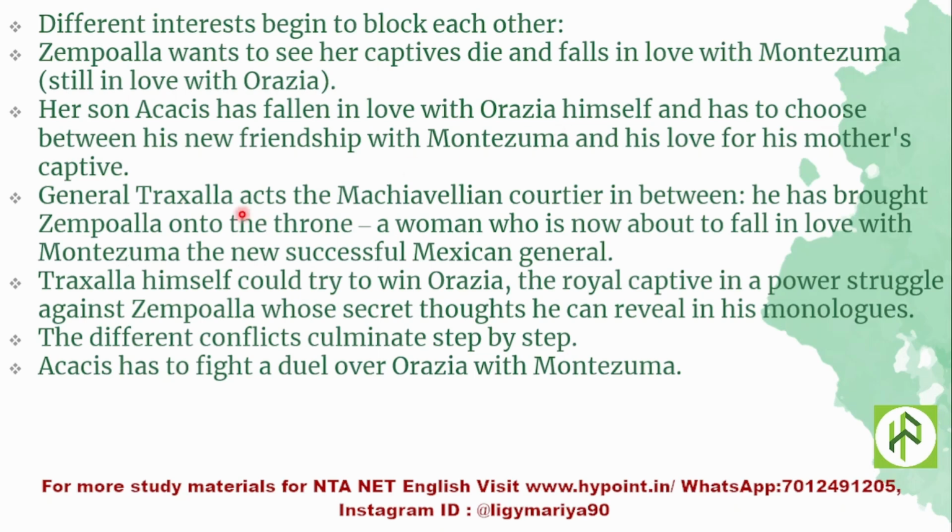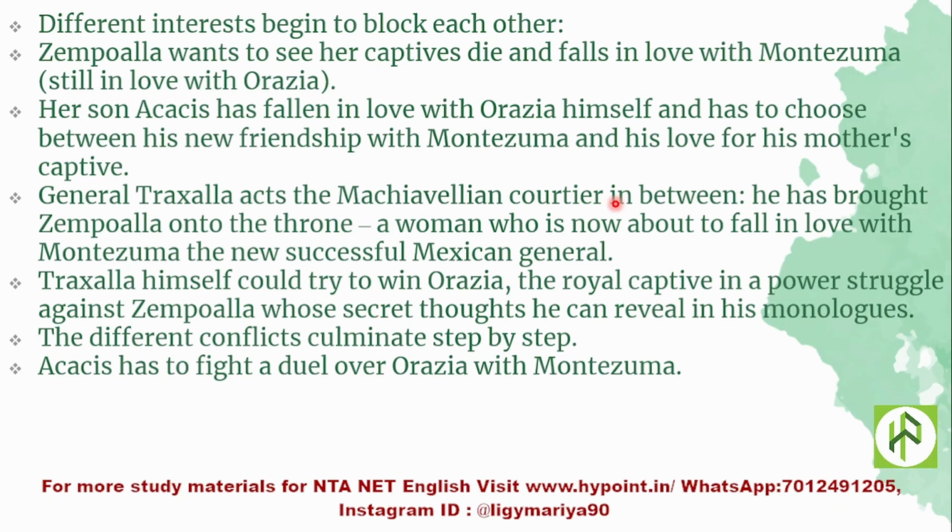General Traxala acts as the Machiavellian courtier in between. In a court, courtiers look for a favorable situation, and here a courtier known as General Traxala acts as the Machiavellian character. A Machiavellian character does everything and anything to gain money, social standing and power.